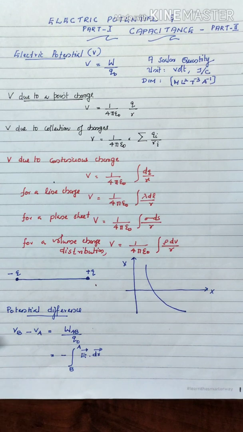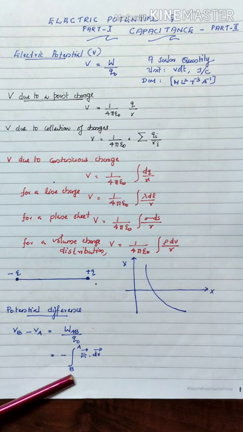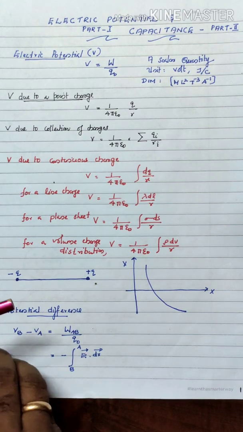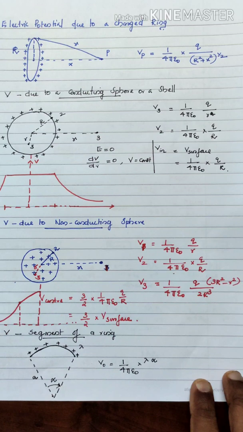But in order to find the potential at a point A, suppose we are taking it from infinity, then you have to take B as infinity. So minus integral from infinity to A of E dot dl. So we can again go through some important situations.